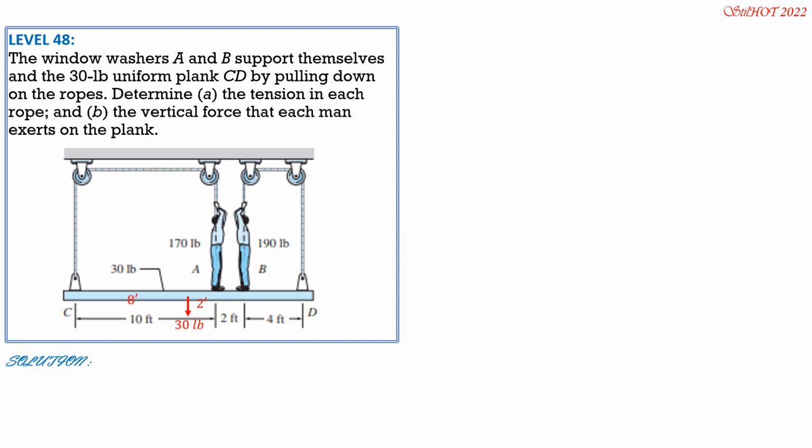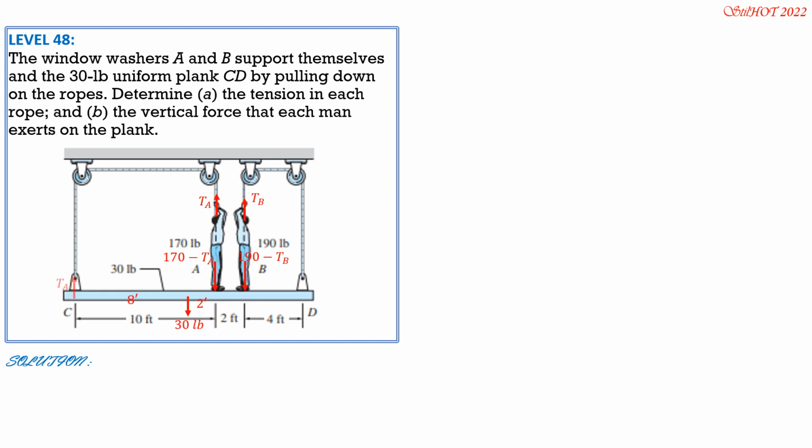So the tension exerted by washer A is T_A. Therefore, the force that it will exert on the plank will be 170 minus T_A, or that's the normal reaction on his feet. Then the tension for washer B is T_B, so the transmitted force here on the plank would be 190 minus T_B.